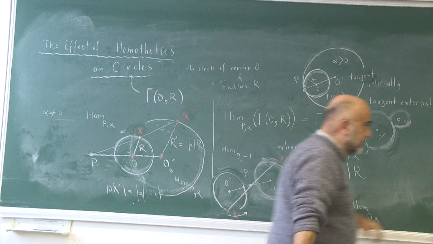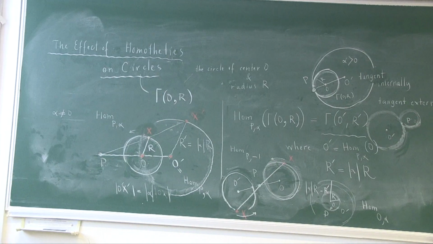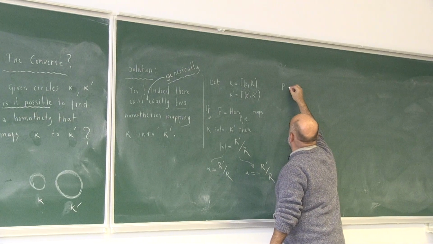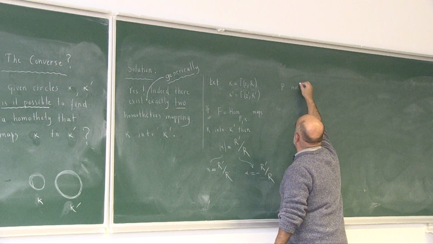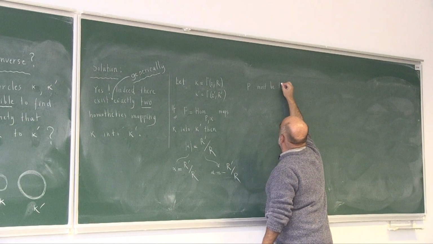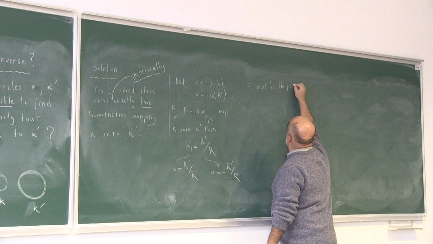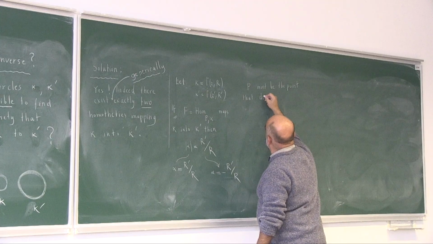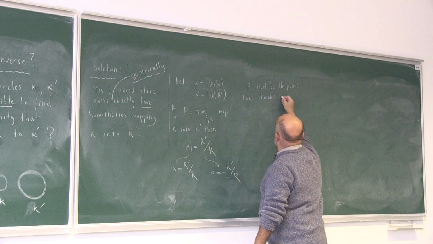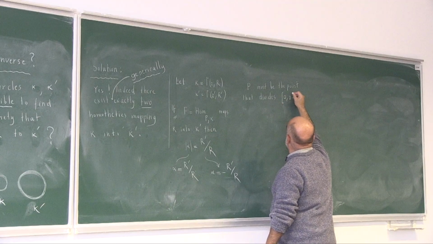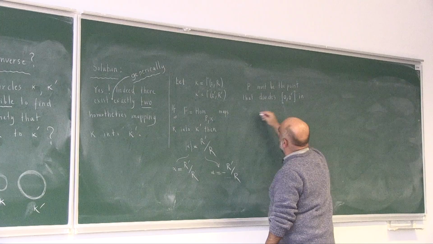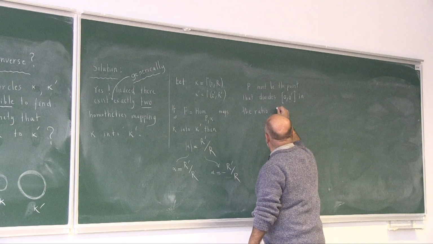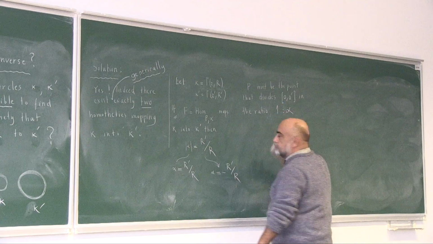Okay, so let me do it like this. O is given, O prime is given, and I know alpha, so P must be the point that divides the line segment O O prime in the ratio 1 to alpha.